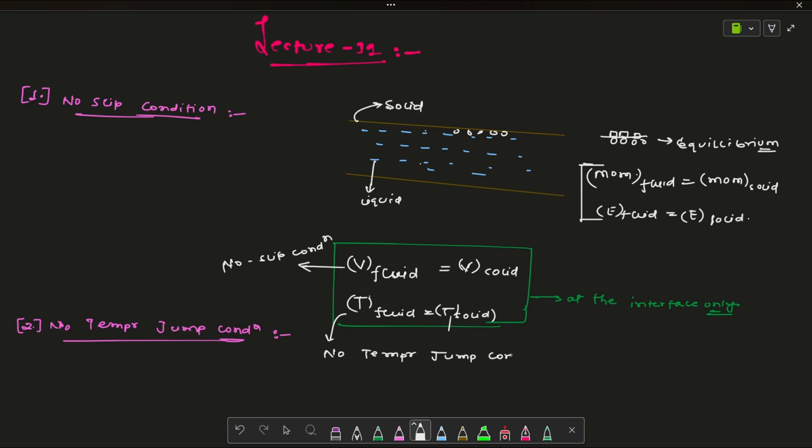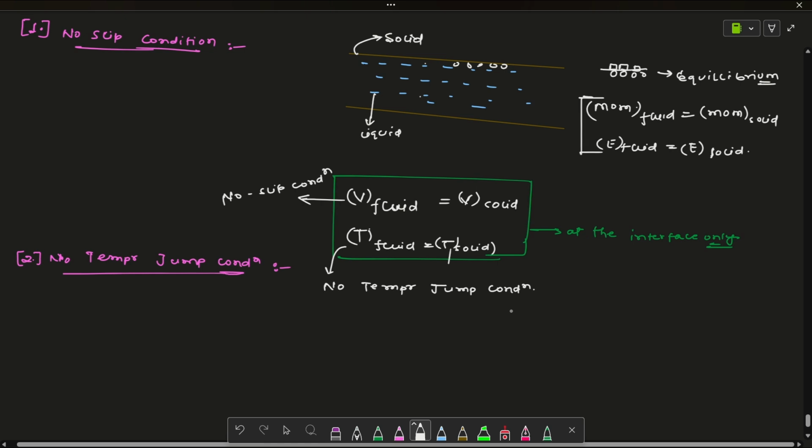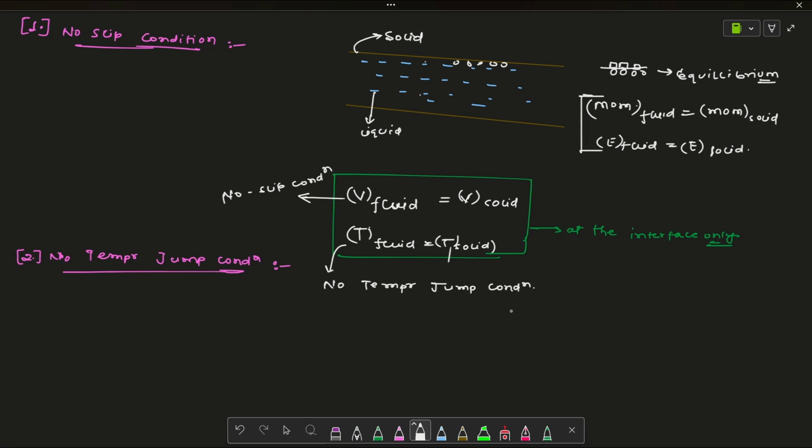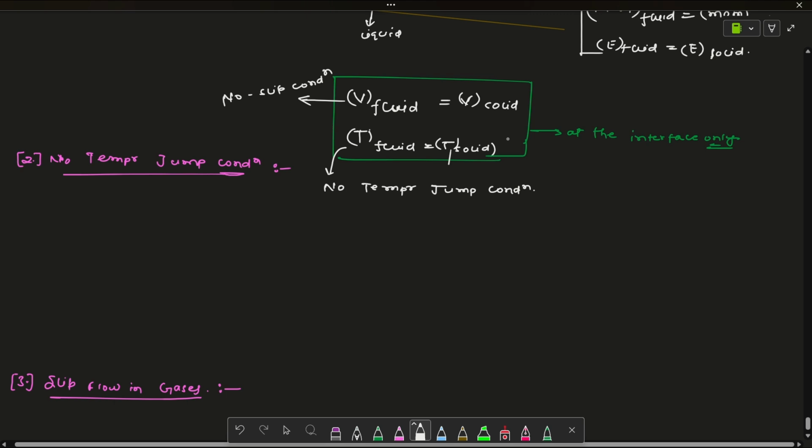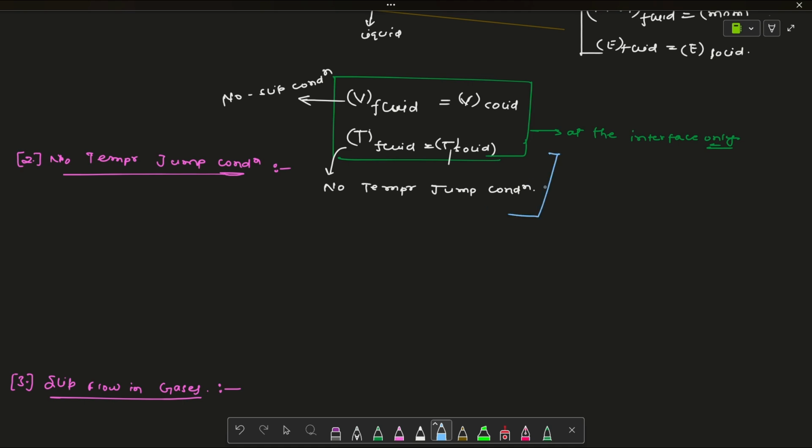The temperature of the solid and the temperature of the fluid at the interface should be equal. There is no temperature jump in the fluid. These two are collectively known as boundary conditions. We will study later what a boundary condition means; we will just use these conditions during problem solving.